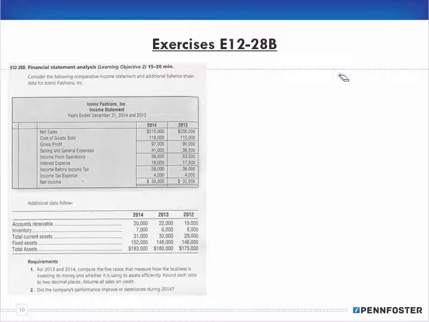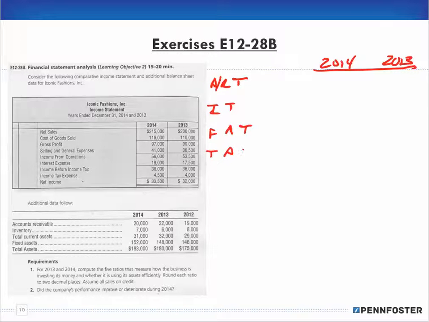Let me back up here. I'm going to make this 2014 and make this 2013. And so this is going to be my accounts receivable turnover, inventory turnover, fixed asset turnover, total asset turnover, and return on assets.